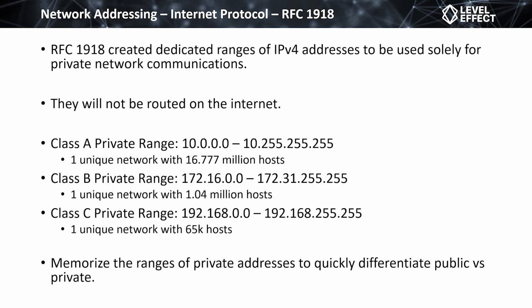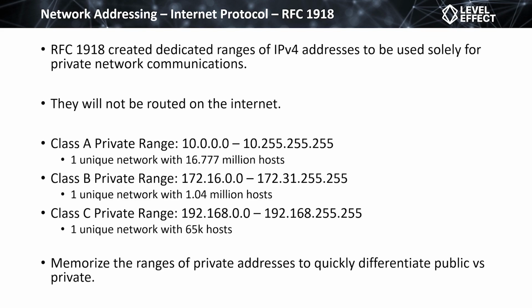So that was the problem we were dealing with, not the fact that multiple public IPs were given out, but that there weren't enough public IPs to give everybody and all of their devices. So we carved out these ranges to create private IP addresses that can be reused internally and free up a whole bunch of IP addresses for public use.